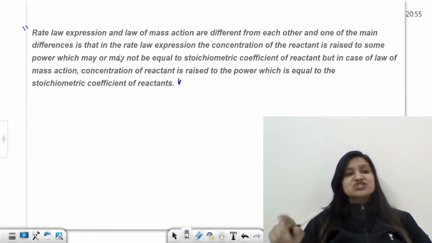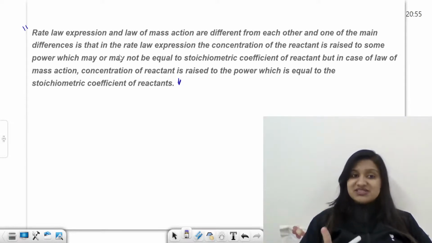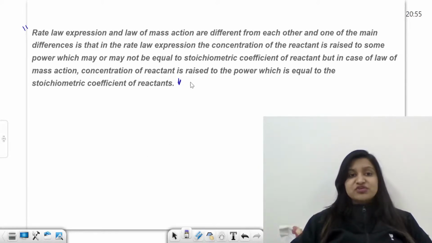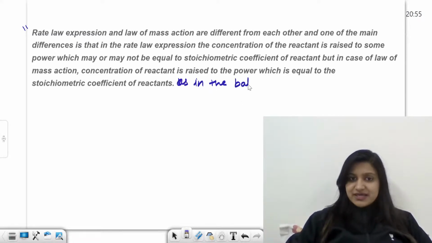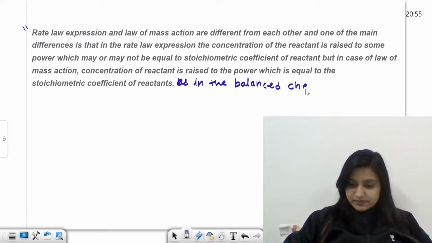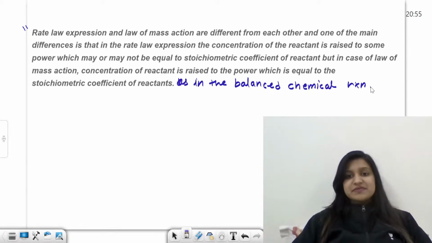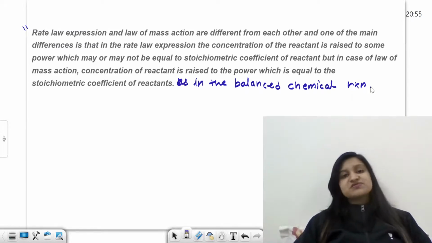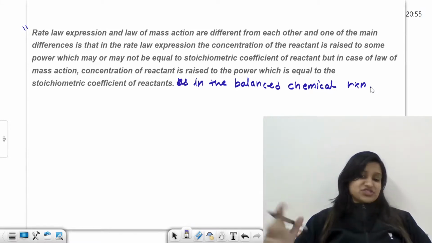But in the case of the law of mass action, the concentration of a reactant is raised to the power equal to its stoichiometric coefficient, as in the balanced chemical reaction. So that's the major difference between your rate law and law of mass action.